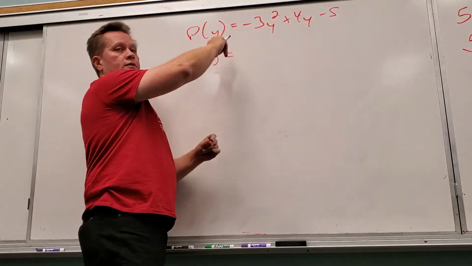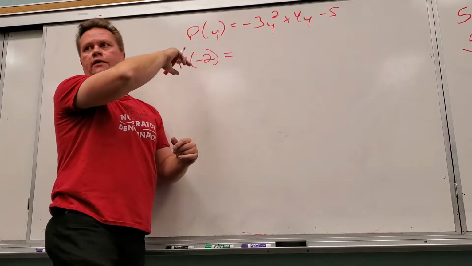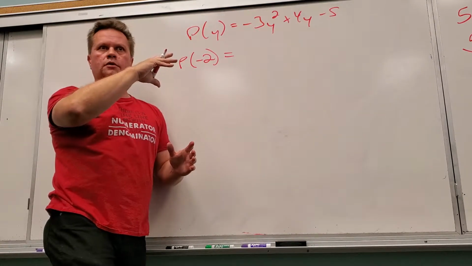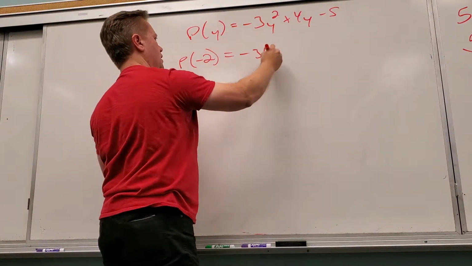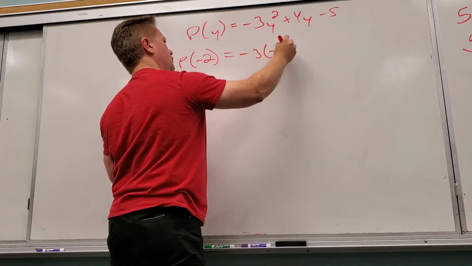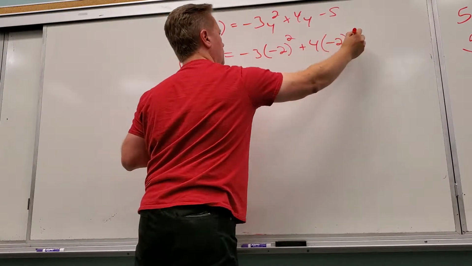Yeah, you replace all the y's with -2. So please let function notation be simple. It's just substitution. So -3 times -2 squared plus 4 times -2.